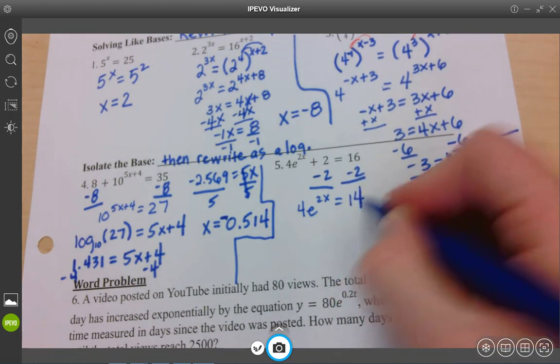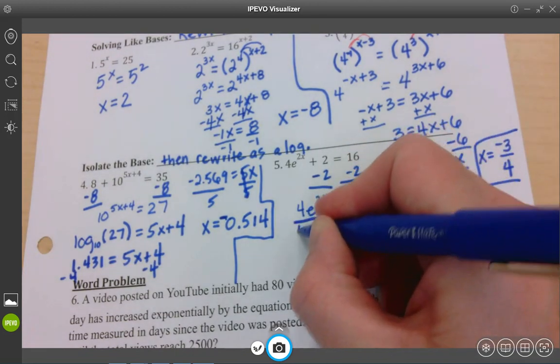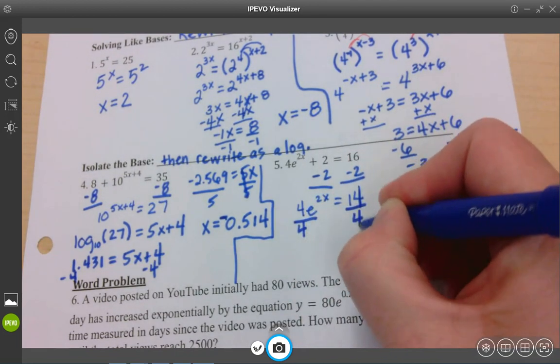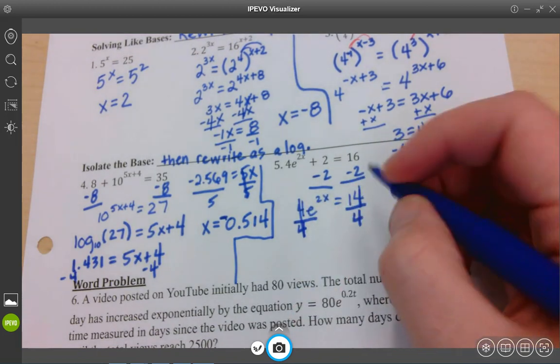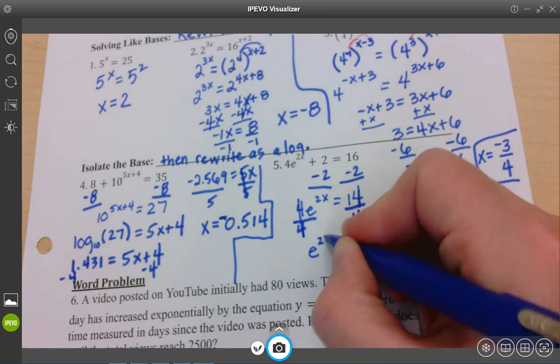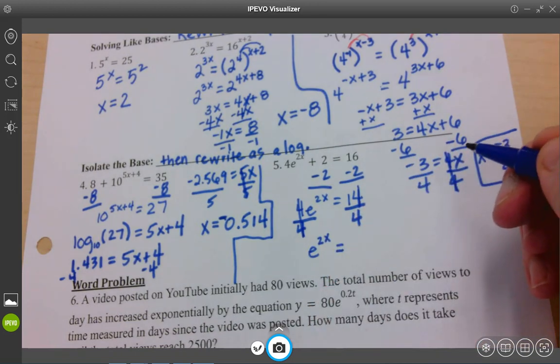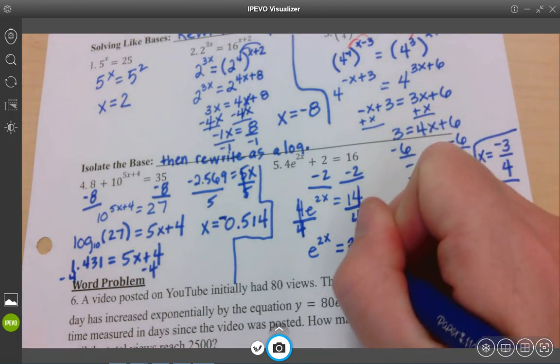All right, and then how do I get rid of the 4? Shelly says divide. Anybody want to agree? Yeah, good. Okay. So I have e to the 2x equals, what's that, 3.5? Yeah. Okay.